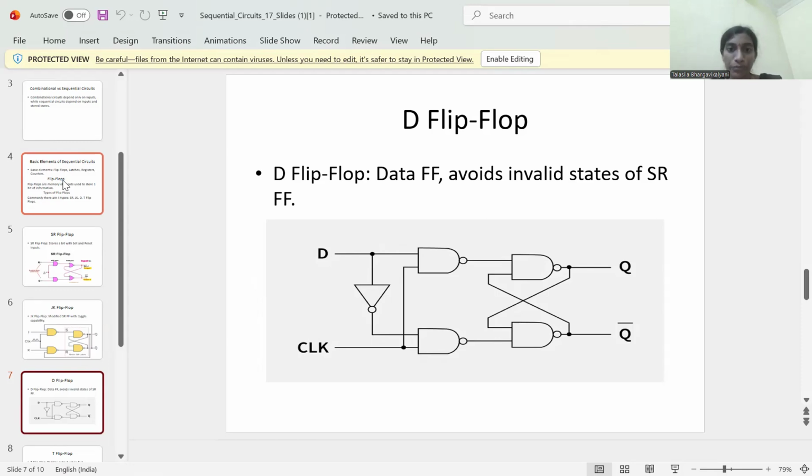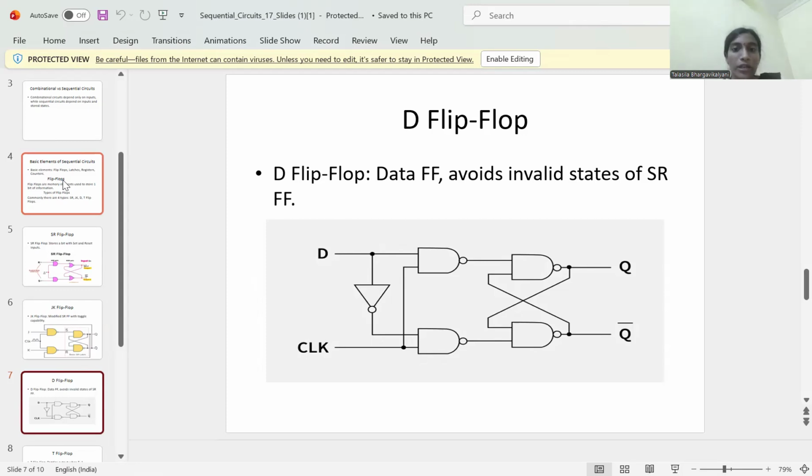If Qn plus 1 is 0, then it is called reset. If D value is equal to 1 and Qn value is equal to 0, then Qn plus 1 value is equal to 1. If D value is equal to 1 and Qn value is equal to 1, then Qn plus 1 value is equal to 1. It is called set.